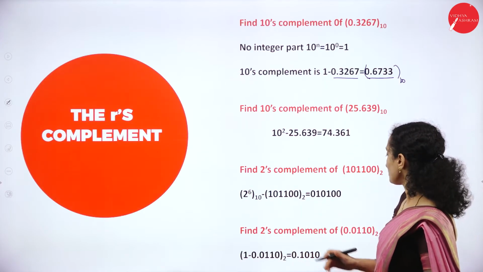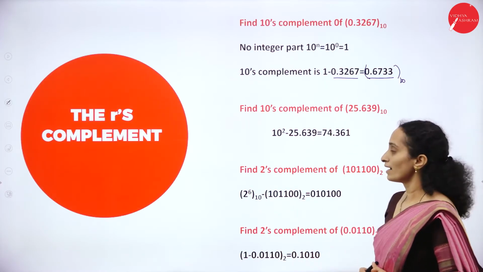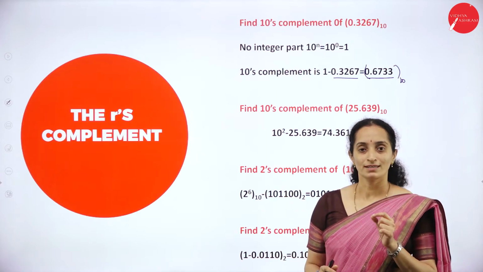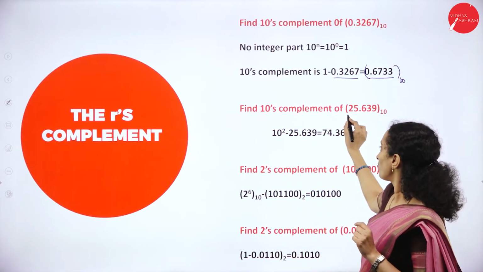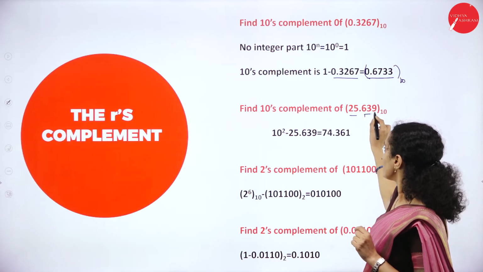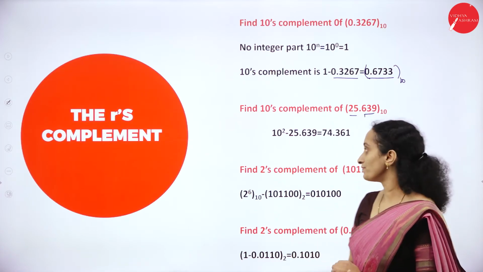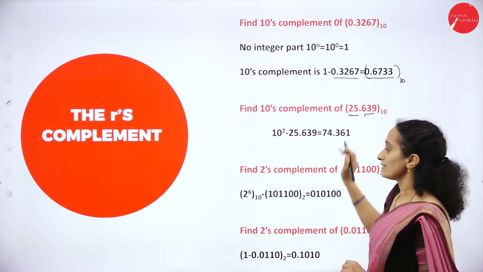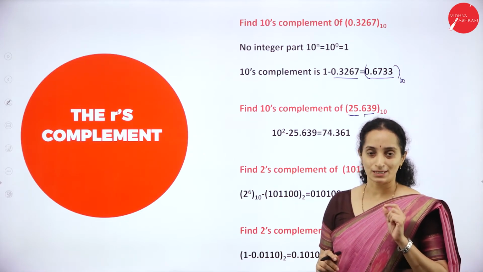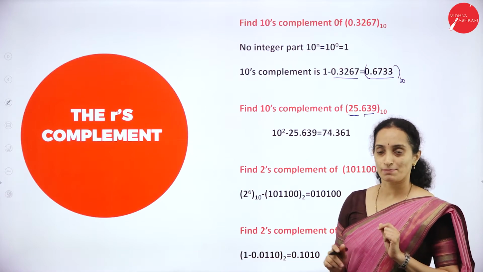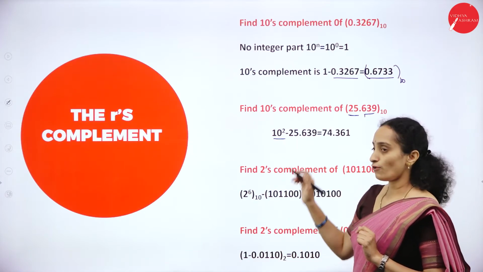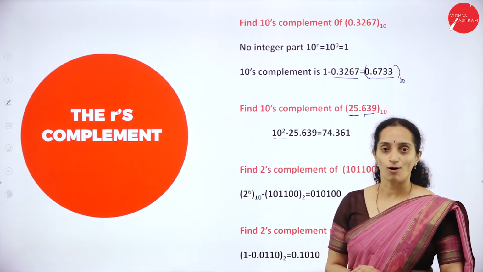Next is the example when you have both the integer part as well as the fractional part. When you have both of these, we consider only the number of digits in the integer part for finding the complement.